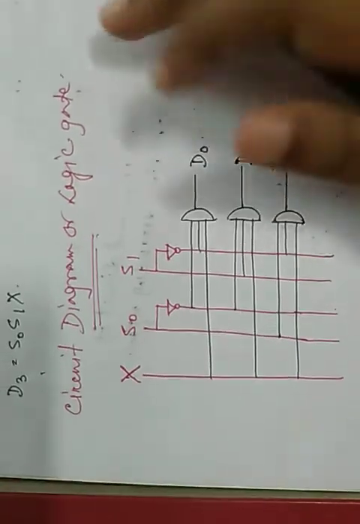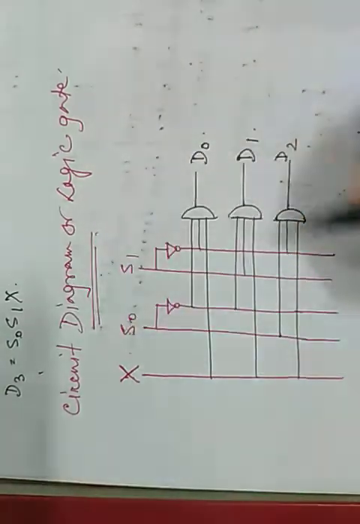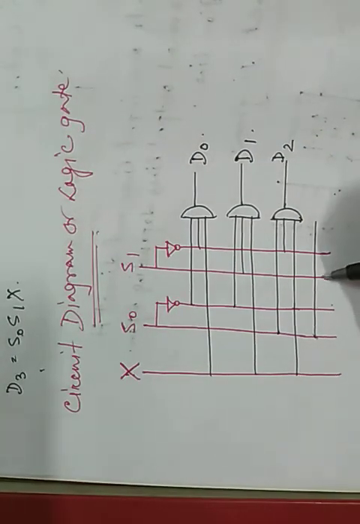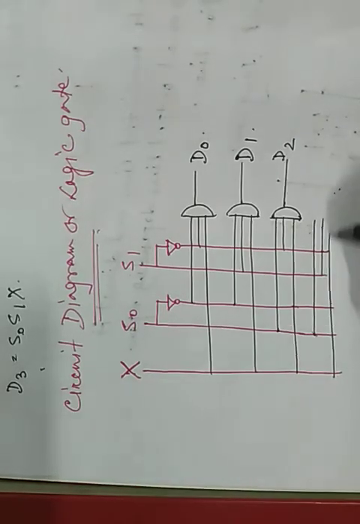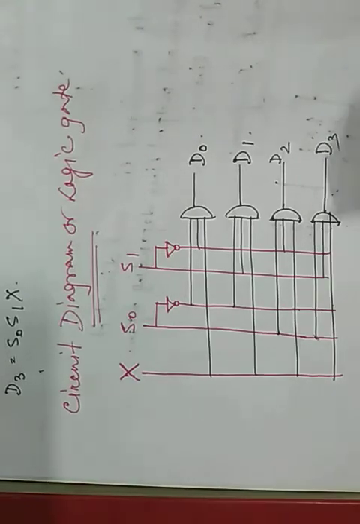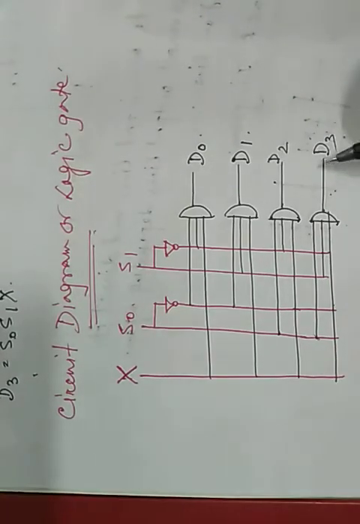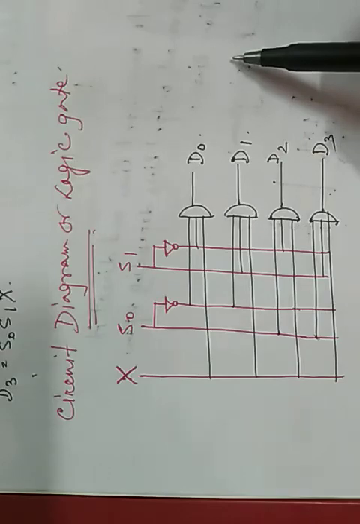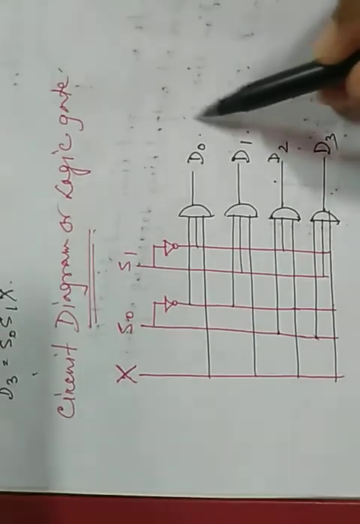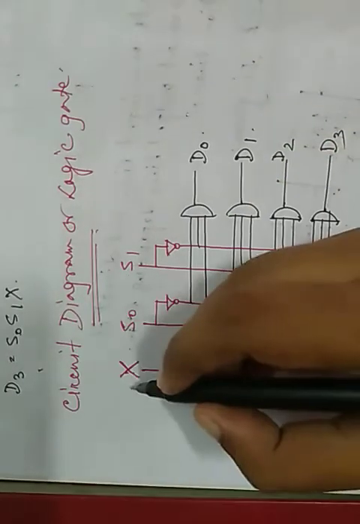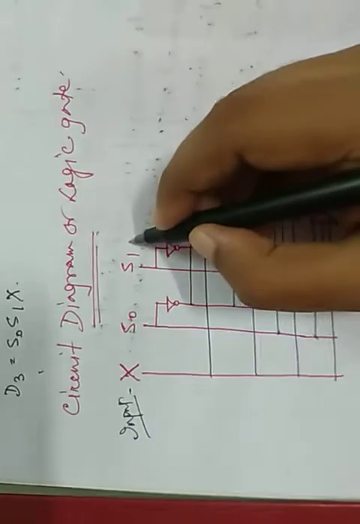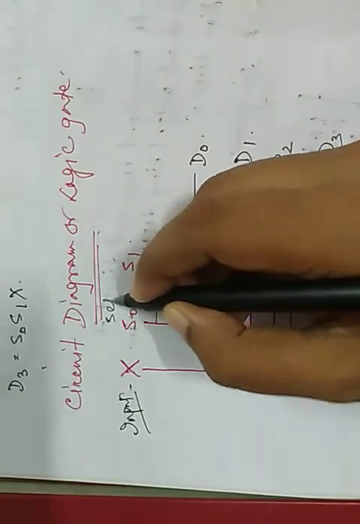D3 is S0 S1 X, where both are direct values. There are 4 outputs, so we don't need to add any OR gate. We need these 4 separate output lines, and X is our input line, and these 2 are our selection lines.